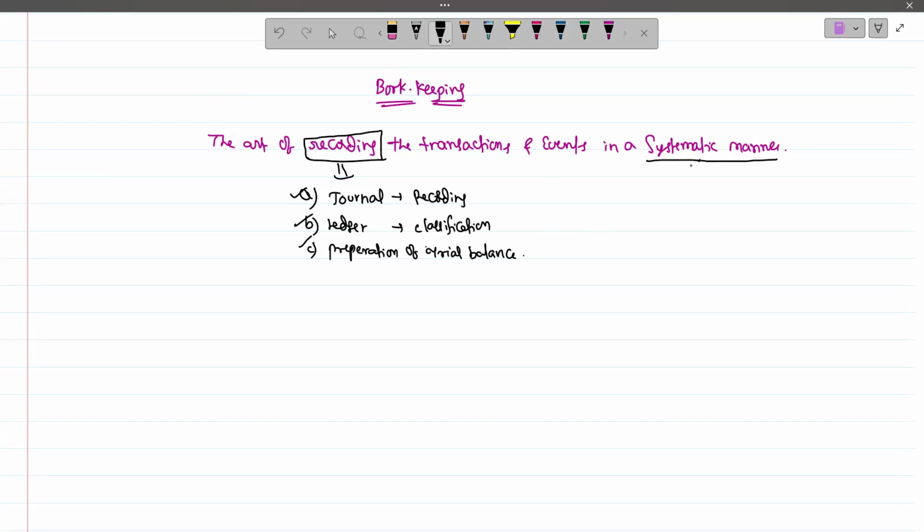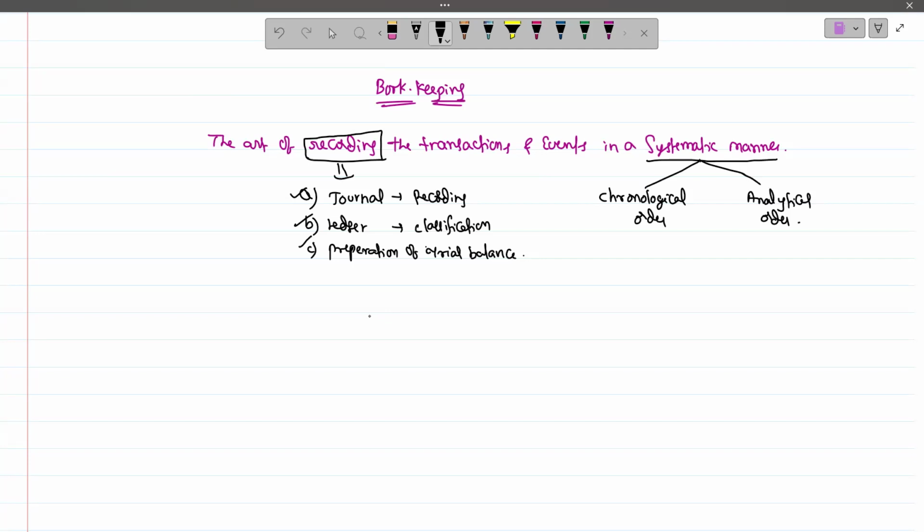What is meant by systematic manner? In case of the journal, we call it chronological order, and in case of the ledger, we call it analytical order. We already discussed those things in the previous class. Chronological order means as and when the transactions occur, they are recorded immediately, that is, date-wise.